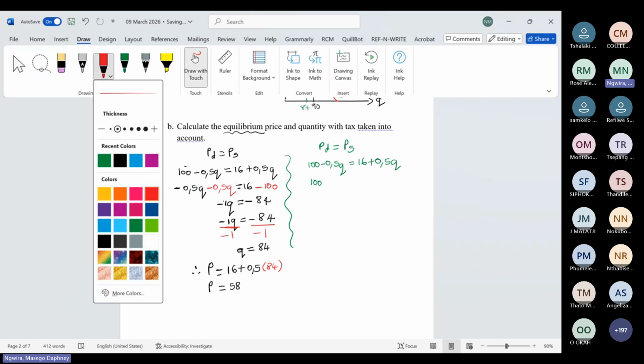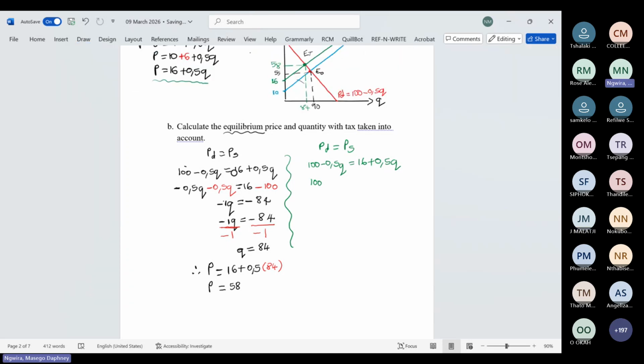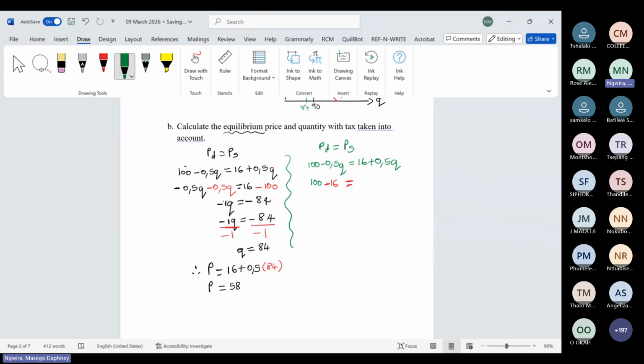So then you move the 16. You put 16 this side, and then equals, you still have the 0.5 Q that side.